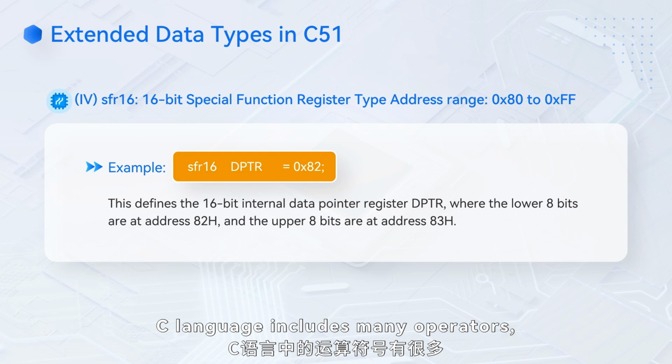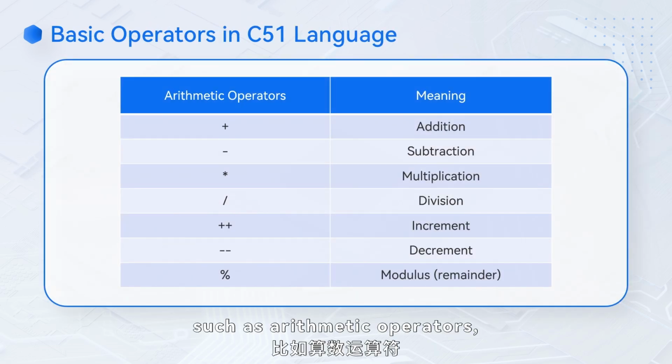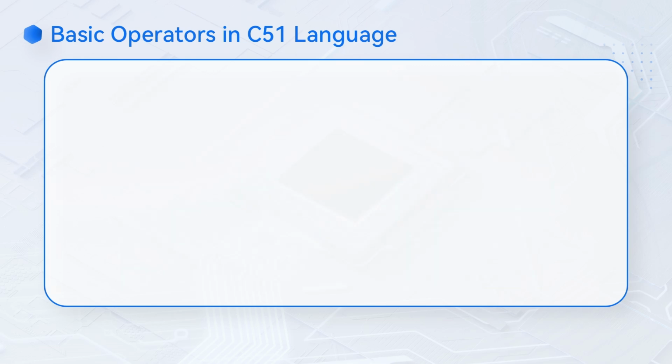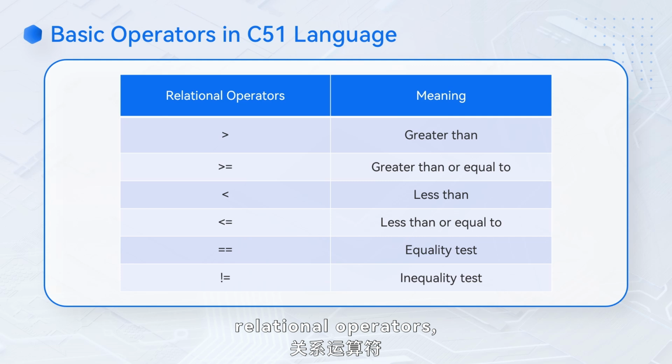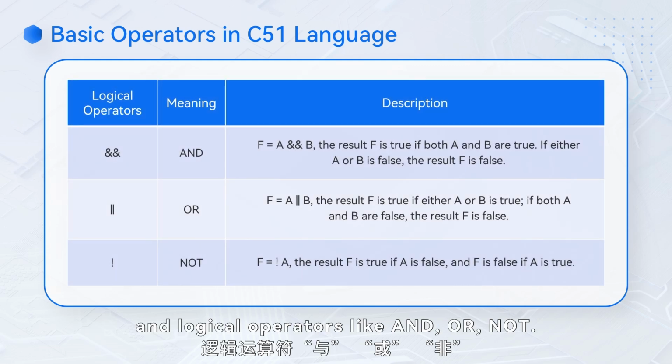C language includes many operators, such as arithmetic operators, relational operators, and logical operators like AND, OR, NOT.